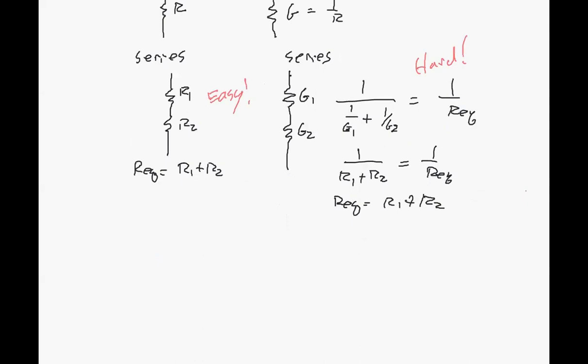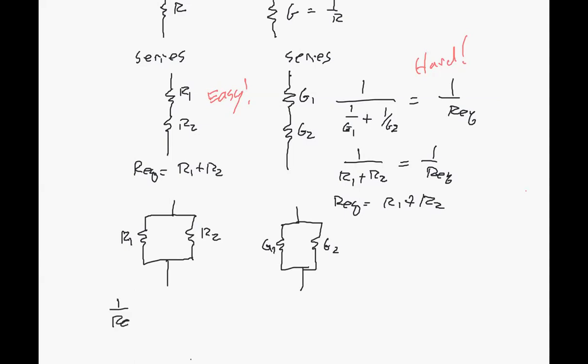But what if we've got parallel? So we've got R1 and R2, or we've got G2 and G1. Well, over here, 1 over equivalent resistance is 1 over R1 plus 1 over R2.